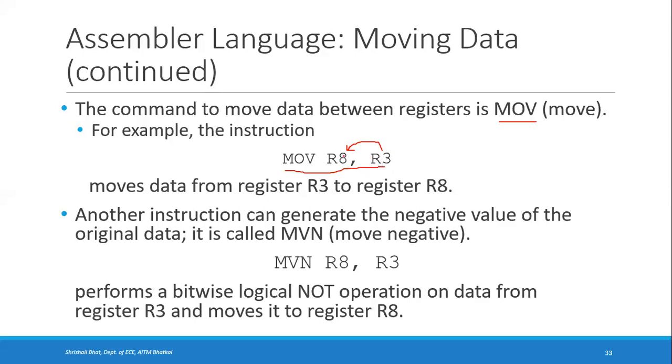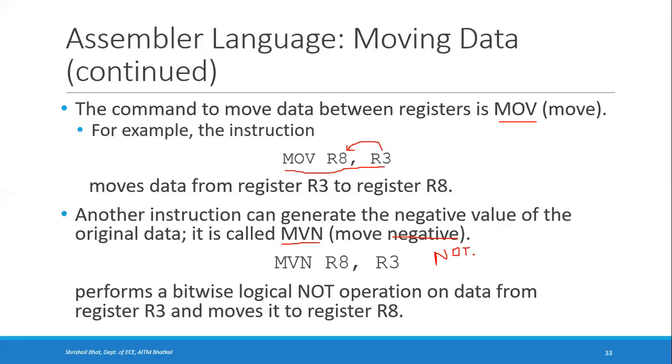Just like move, we also have move negative. You can also actually call it move not. In your book it is given as move negative, but it's move not. When you say negative, you actually mean the two's complement of a number, but when you say not, it is the ones complement of a number. Both are different, they're not the same.